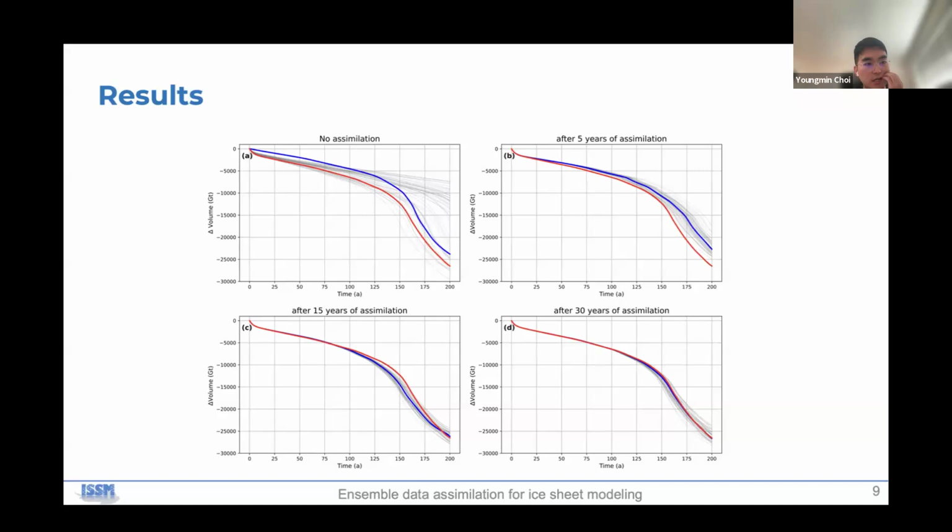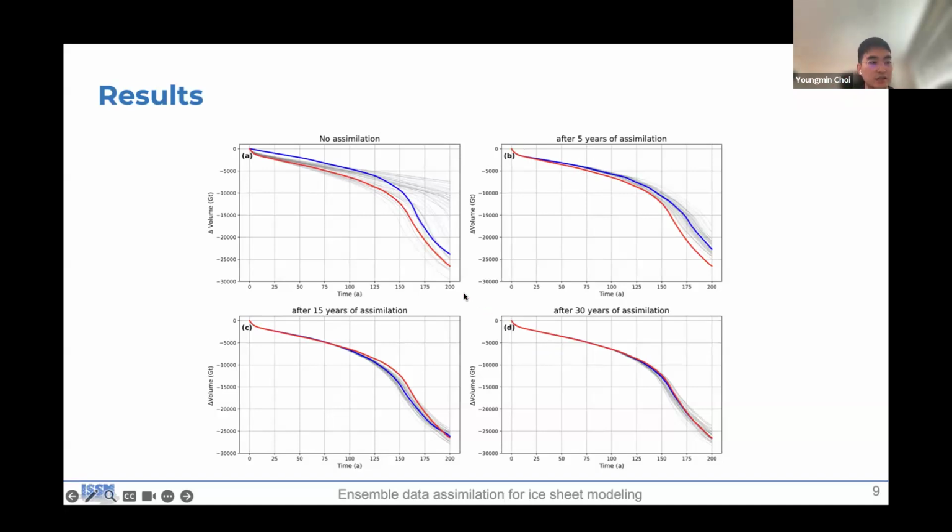We use the estimated state and parameters as initial conditions from various points in the data assimilation that we saw on the last slide. B is where the model starts after 5 years of data assimilation, C is after 15 years, and for D, the model starts after 30 years of data assimilation.